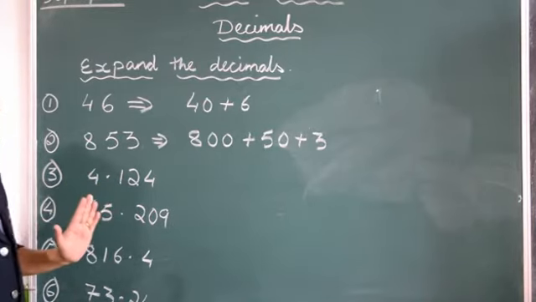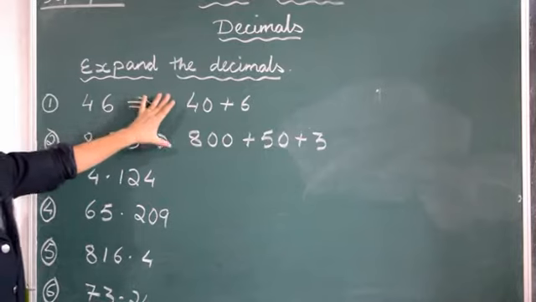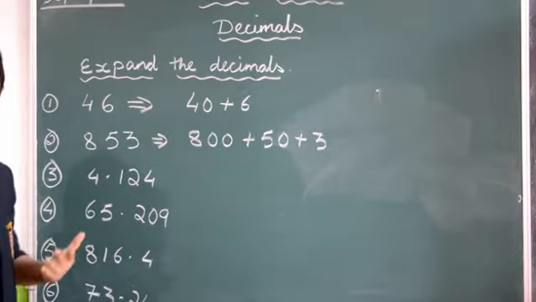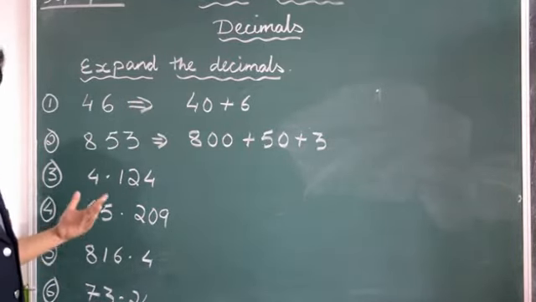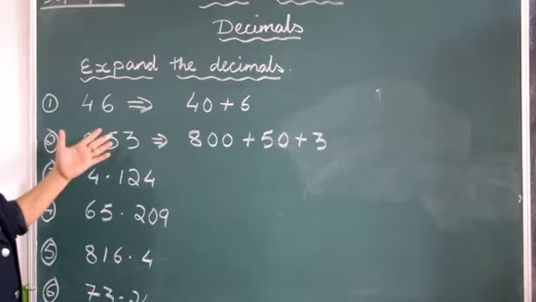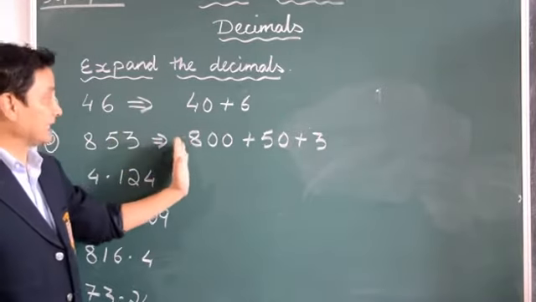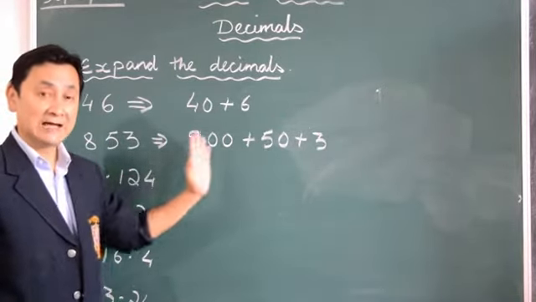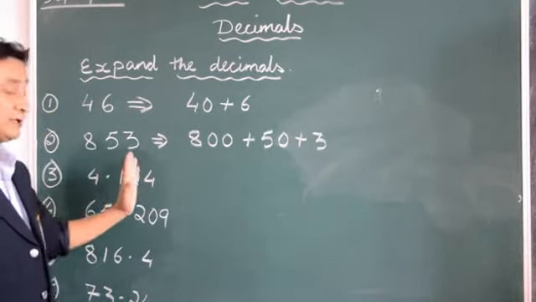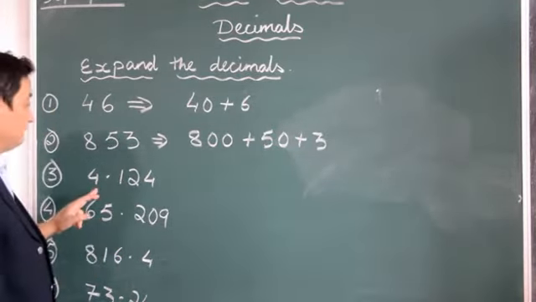Now we come to the numbers where the decimal point is. Remember that before the decimal point, we have to expand as we had learned in our previous classes, in the beginning of the year or in class 3, 2 or 1. So before the decimal point, the whole number should be expanded this way. And after the decimal point, it should be written as a fraction. So we have 4 ones.